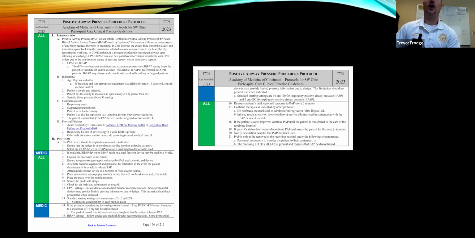The Versed just helps that hypoxia to allow you to work. So consider 1 to 2 milligrams of Versed, IV, IM, IO, or IN. And the odds of us doing an IO in a patient are pretty slim. The big thing is reassessing them and making sure that we're increasing our positive airway pressure as needed based on how they're presenting their symptoms.